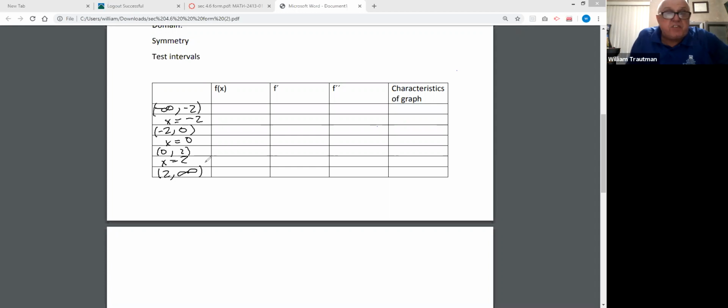So in this first interval, actually, let's do this in all these intervals right now. We're going to do the first derivative for all the intervals.